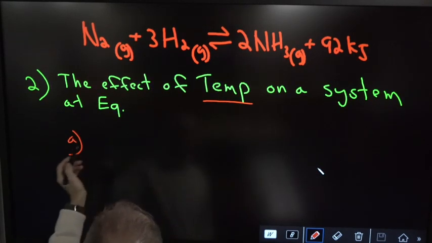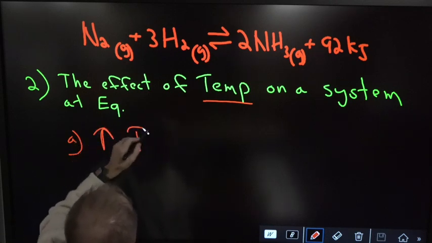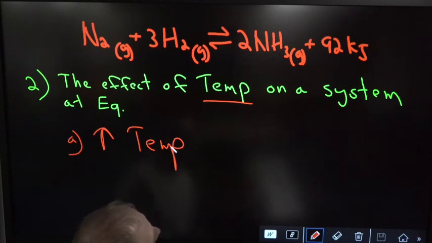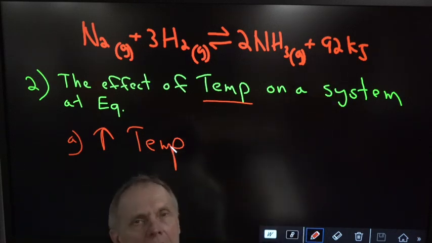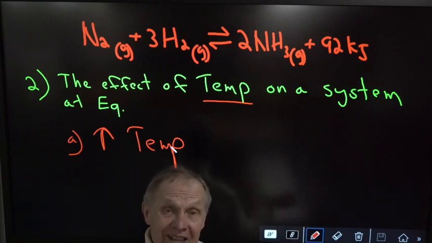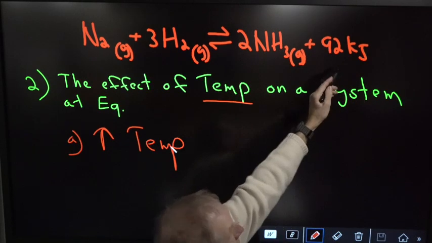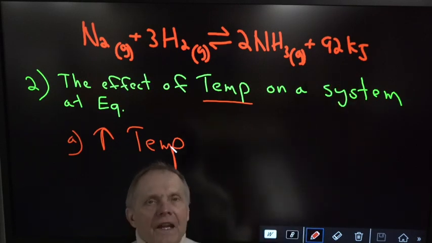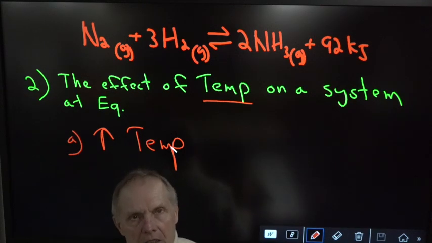So for letter A, if I increase the temp, that means I'm going to increase the energy. And if I increase the energy, that's kind of like the mound and hole thing. If I increase the energy, which is right there, that's going to be a mound, and we have to sweep the mound away.